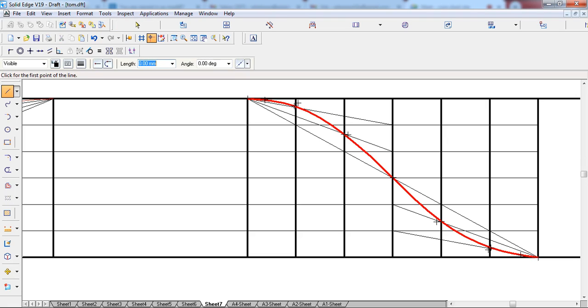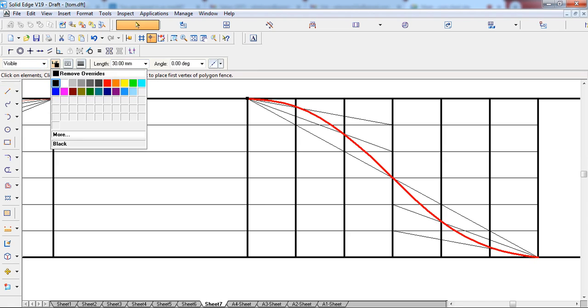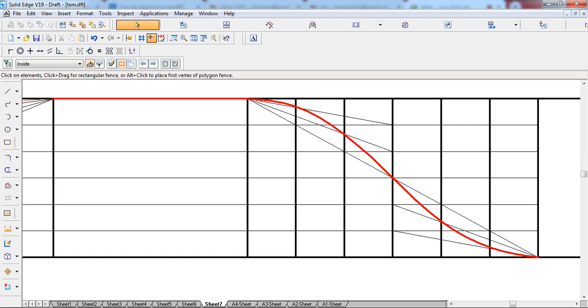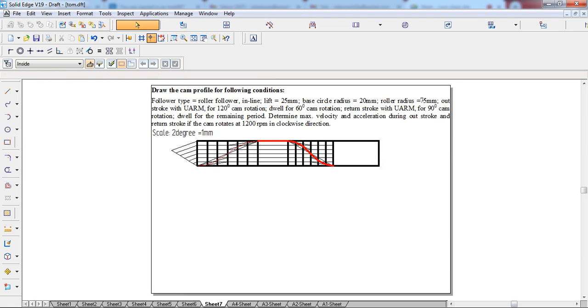You mark the naming also. I have not named 0, 1, 2, 3, 4, but you name it. Okay, so you'll be getting a displacement diagram like this.